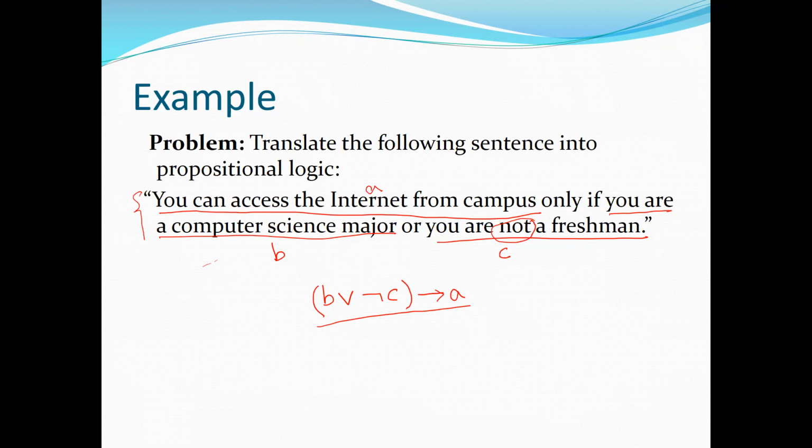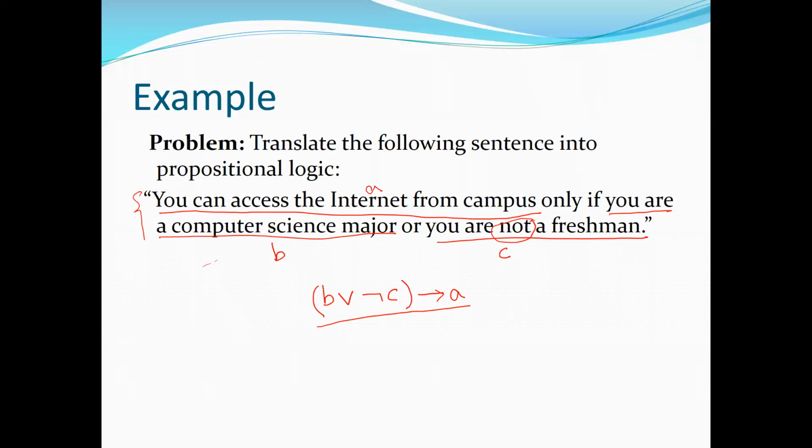Right? So this is how you can translate different English sentences into propositional logic, right? Okay, let me give you one sentence and can you convert it for me in propositional logic? Let's say, for example, if it is not raining and it is Friday, I will go to campus.